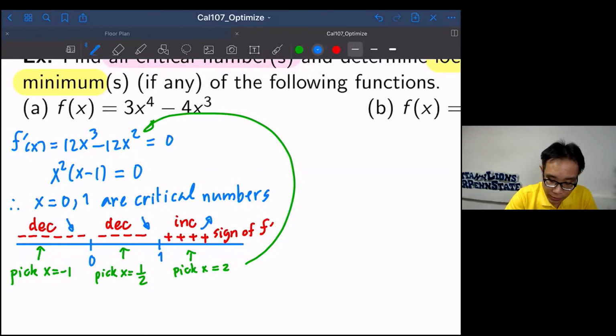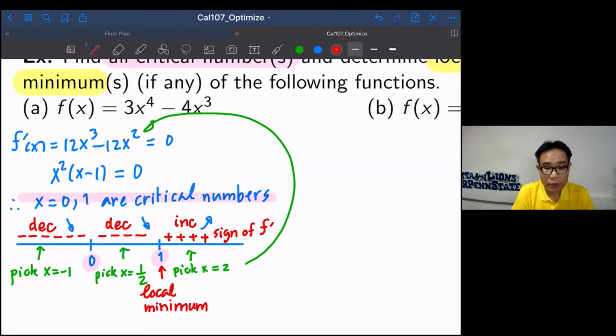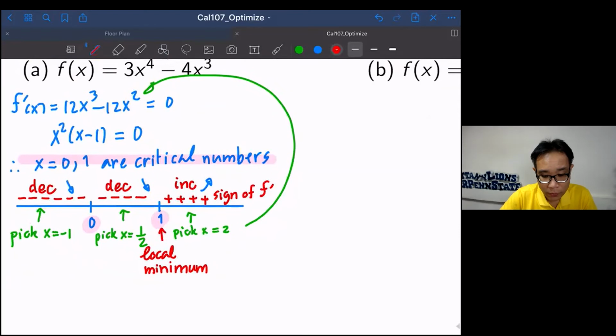So x equal to 1 and x equal to 0 are critical numbers. And x equal to 1 turned out to be a local minimum.